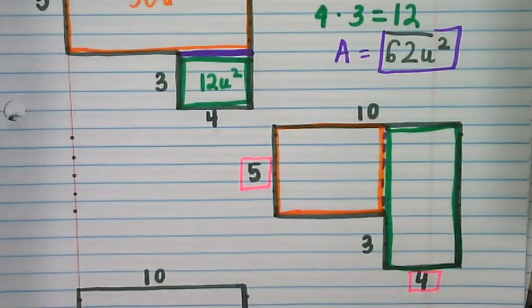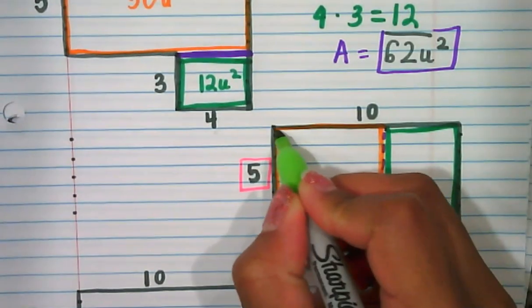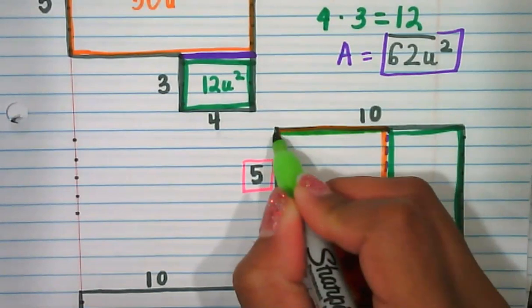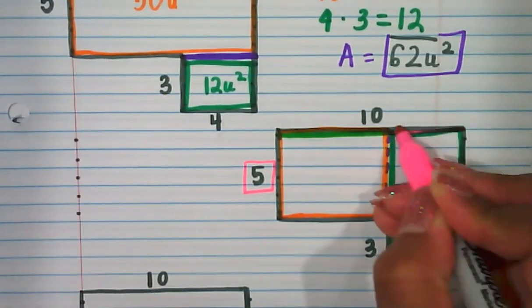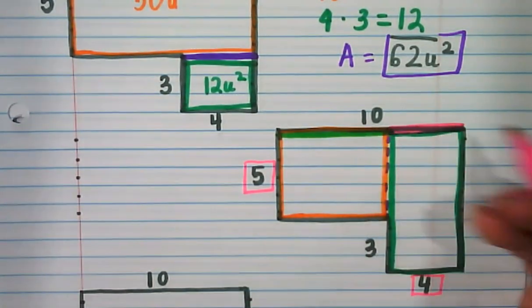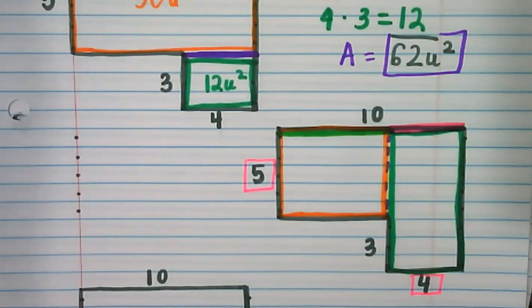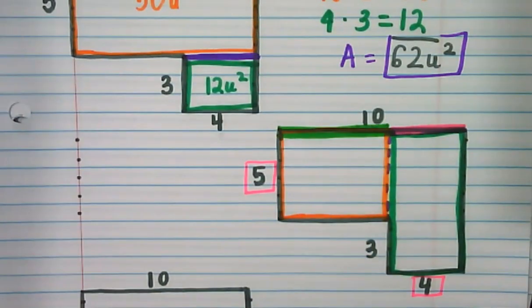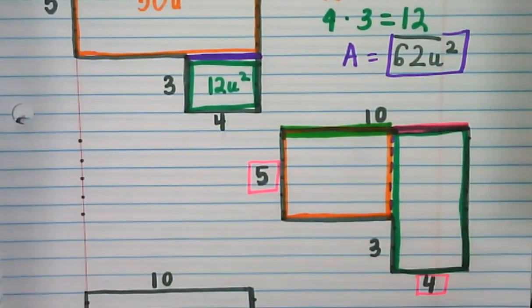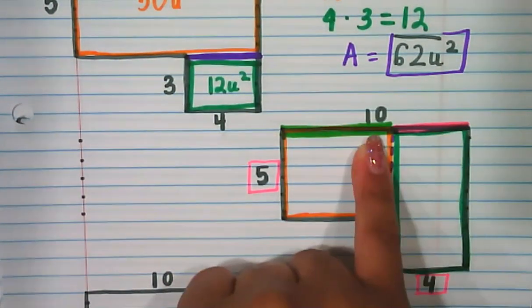So let's look a little closer. I know that this length here and this length here add up to give me 10. This length plus this length add up to give me 10 because that's the measurement of the entire thing.